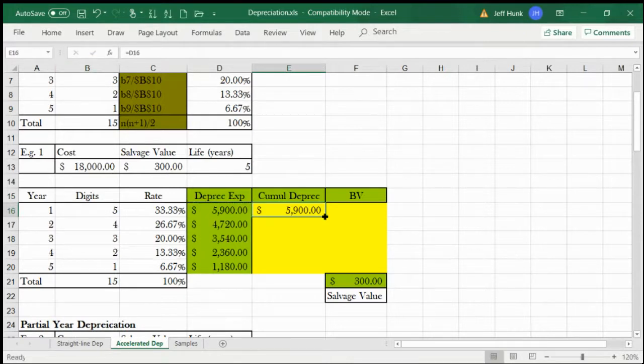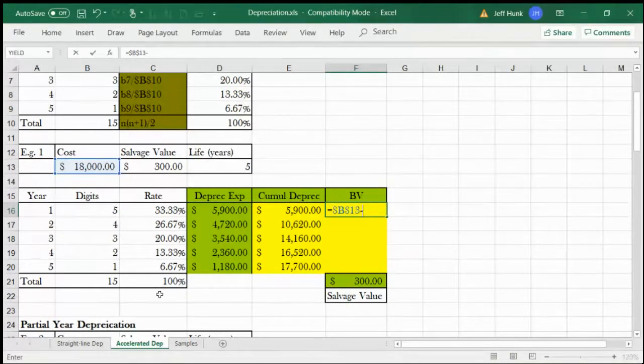Year two. And then the book value is purchase cost minus cumulative depreciation. There you go.